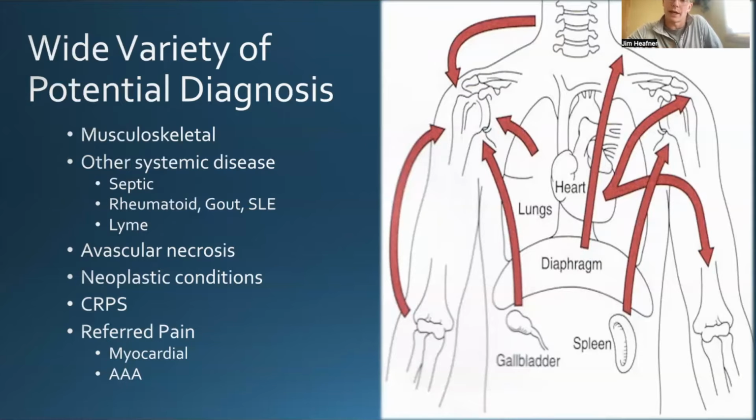That or an aortic aneurysm both refer to the left shoulder, potentially with symptoms down the left arm as well. So when we're thinking about the potential diagnosis for someone who comes in with shoulder pain, asking questions around what started their pain and other health-related things is going to cue you into the origin of their symptoms. Figuring out the origin of the symptoms is most important because that's going to direct what we do from a treatment standpoint.